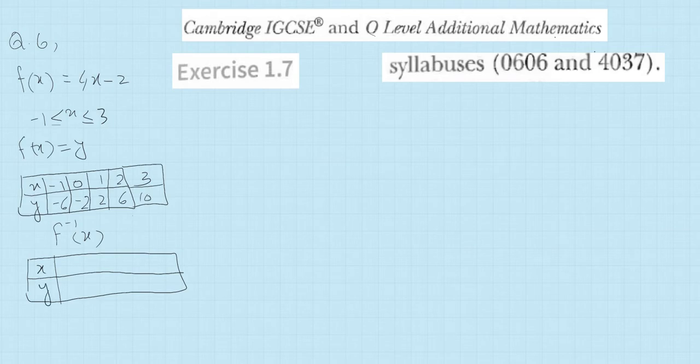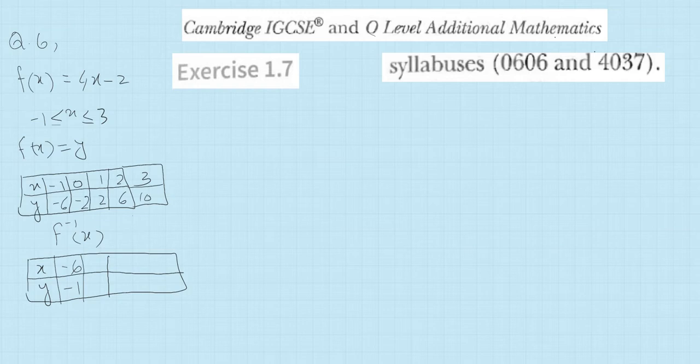In order to make the box of inverse function, you just interchange the value of x and y in f(x). See carefully above box. The value of x is minus 1 and the value of y is minus 6. This time the value of x should be minus 6 and the value of y is minus 1.